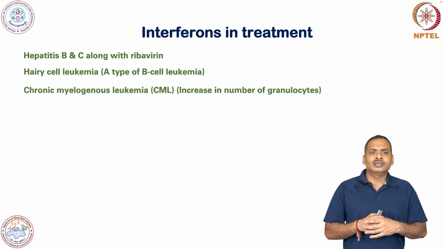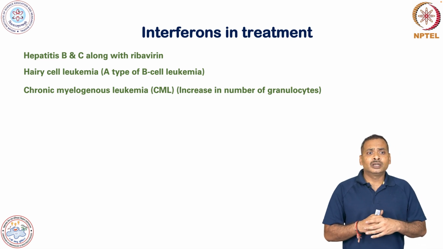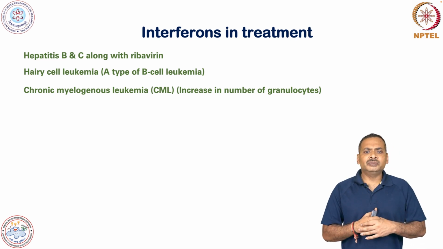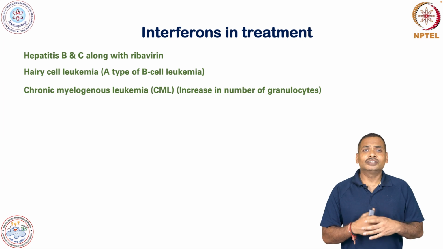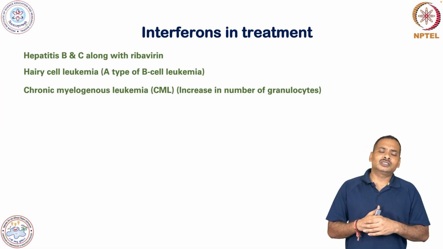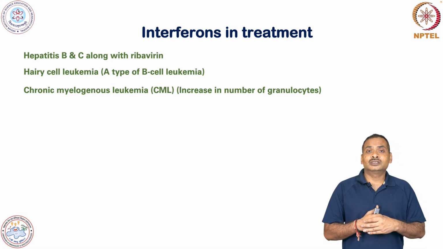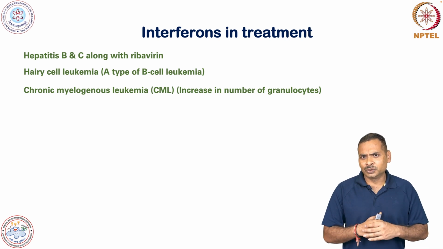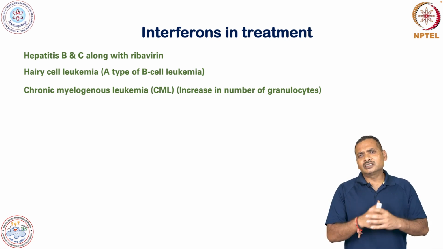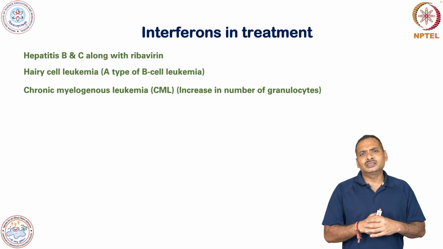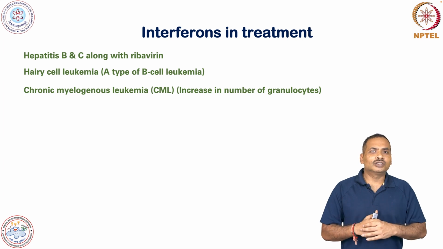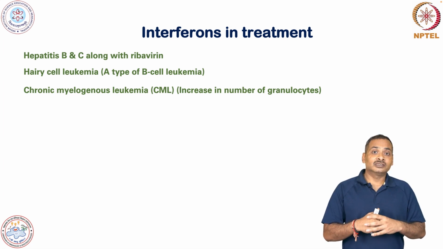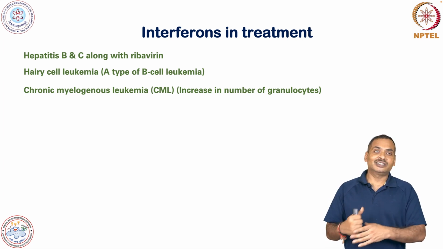Another is chronic myelogenous leukemia, CML, where there is an increase in the number of granulocytes. You remember when I discussed the cells of the immune system, I discussed the blood, and blood has white blood cells, which mainly consist of two kinds of cells: granulocytes and agranulocytes.